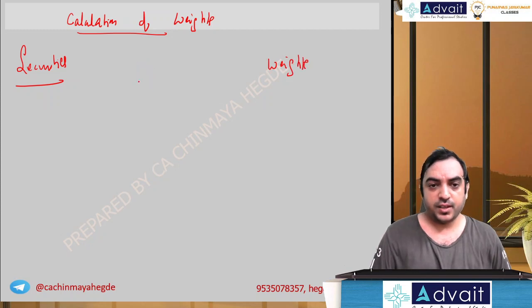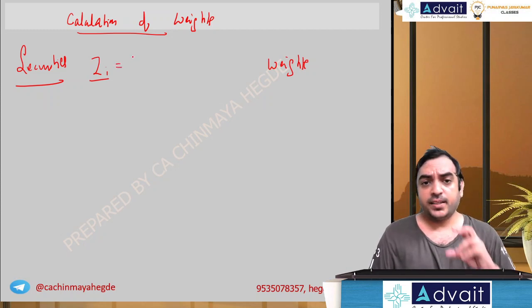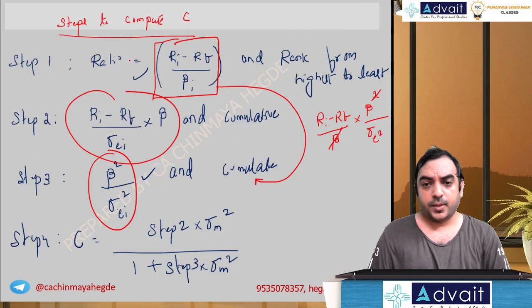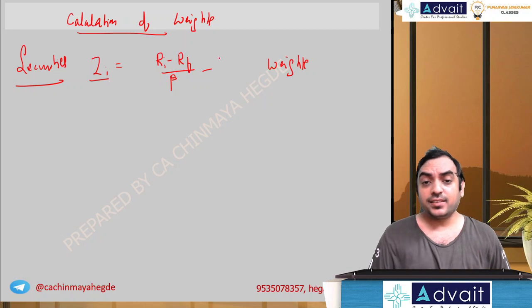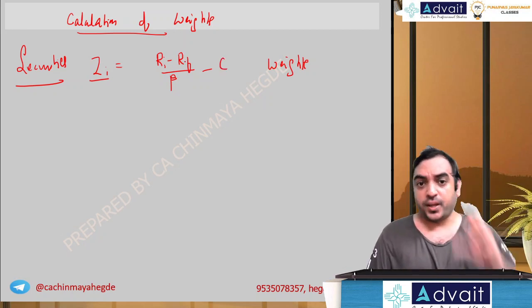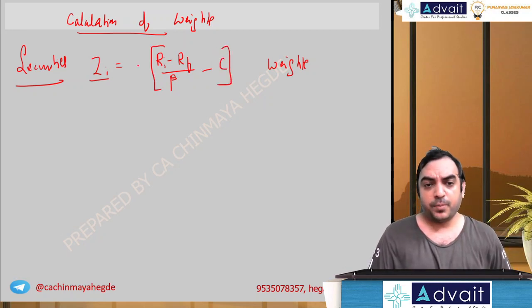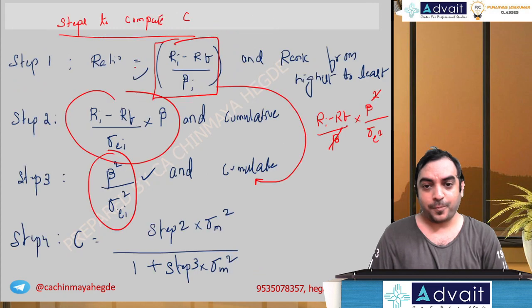Z value for a security is given by, we'll calculate the surplus. That's the formula, right? Yeah. So Ri minus Rf divided by beta. This is the ratio we get, minus the cutoff point. That is the surplus we get. This surplus is multiplied by beta by sigma Ei square. Beta square or beta?